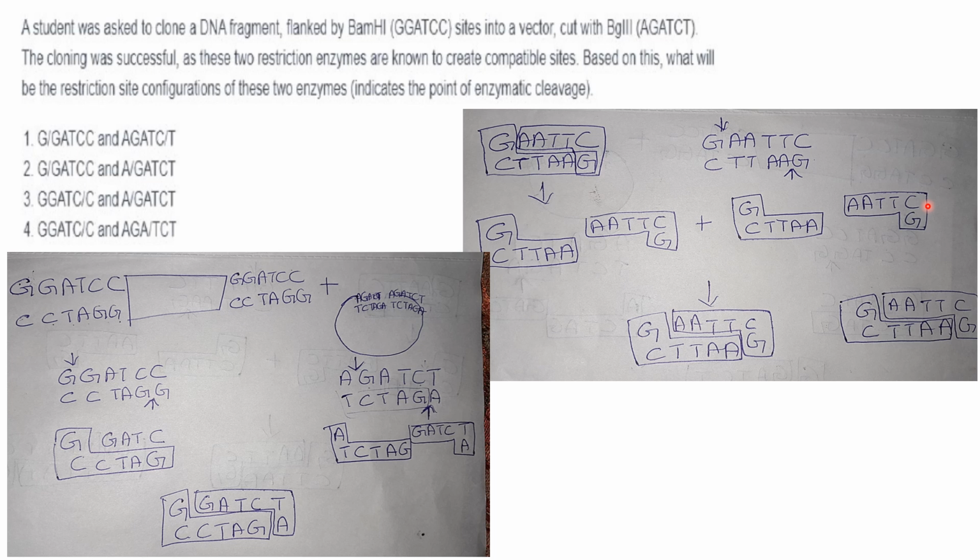Because of complementary base pairing between these sites, they will join together. That is, this site GCTTAA will join with AATTCG. Here there is complementary base pairing: AT, AT, TA, TA and then CG.